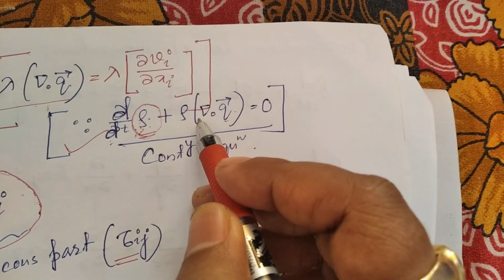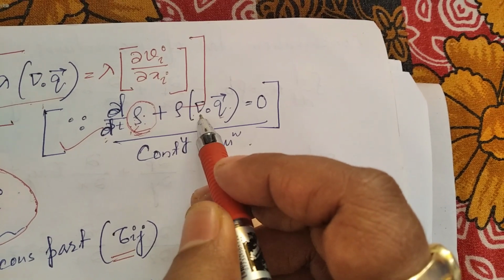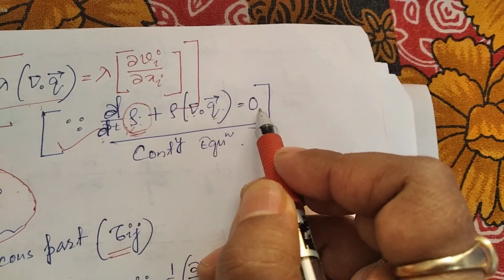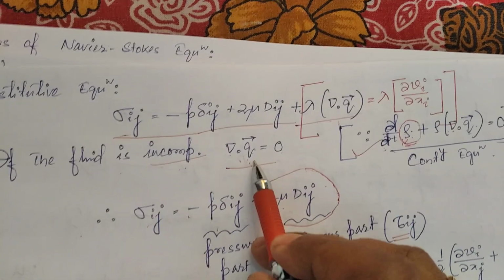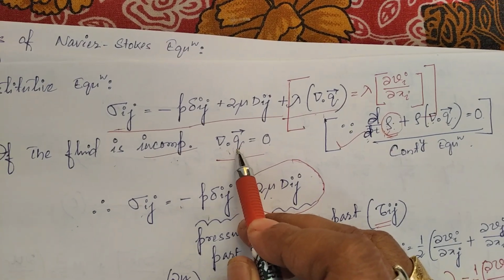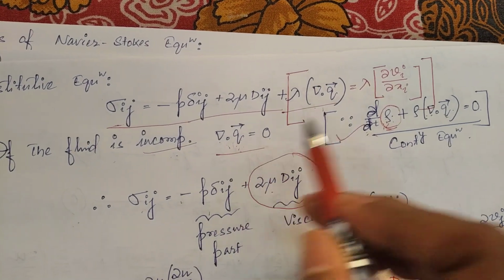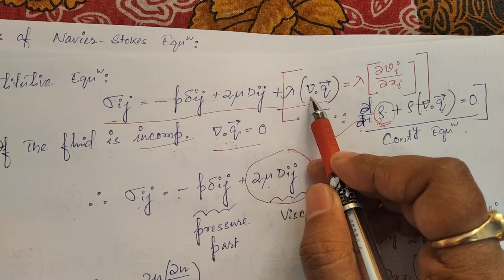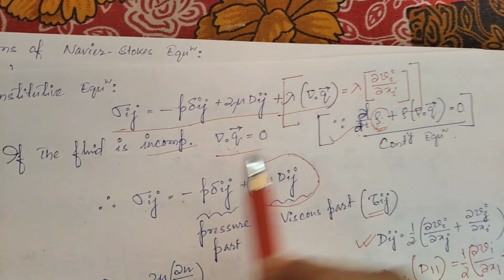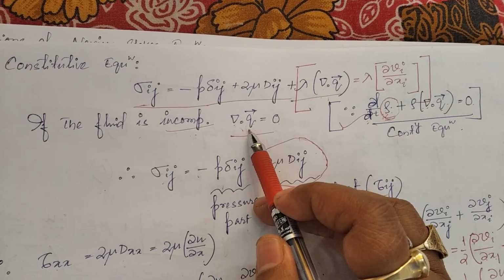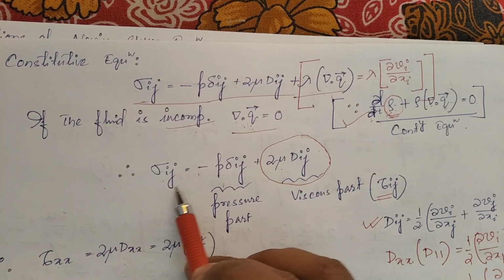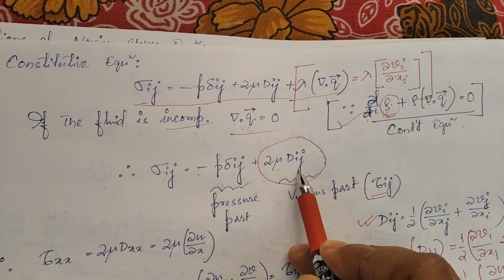So ultimately we get that the divergence of the velocity vector is 0. So we substitute that divergence of velocity vector as 0 in this part. After substituting that value, we get this equation.